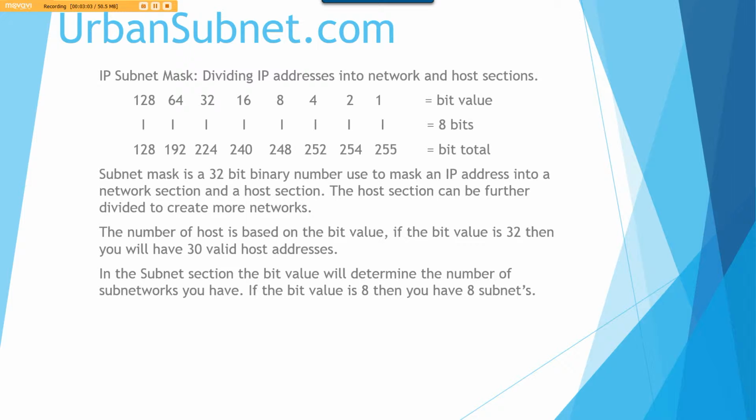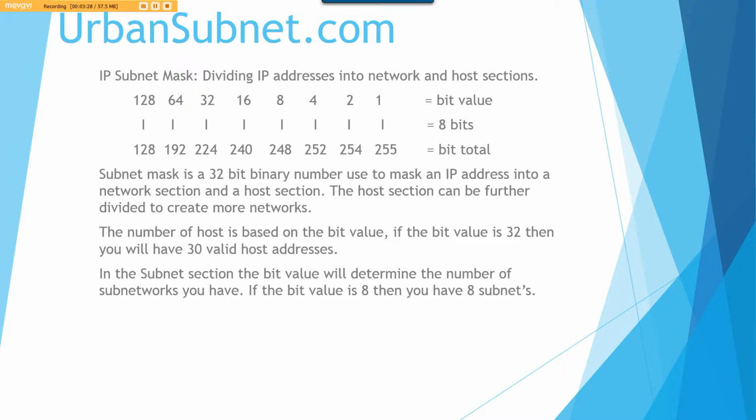Now when you use subnetting to divide your network up, in the subnet section, the bit value will determine the number of subnetworks you have. So in the subnet section of a network, if the bit value is 8, then you will have 8 subnets, which is different from the bit value of the host.